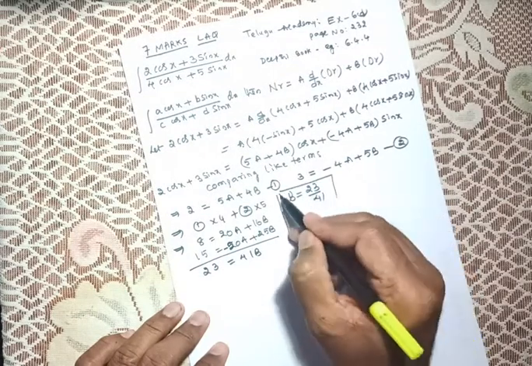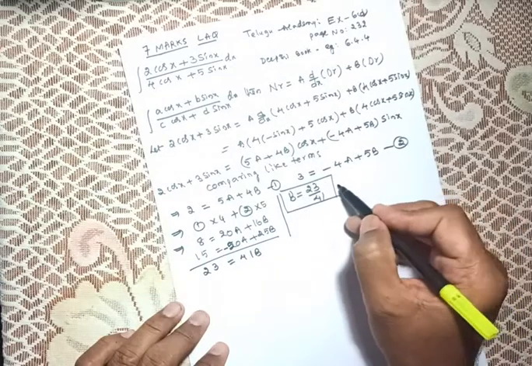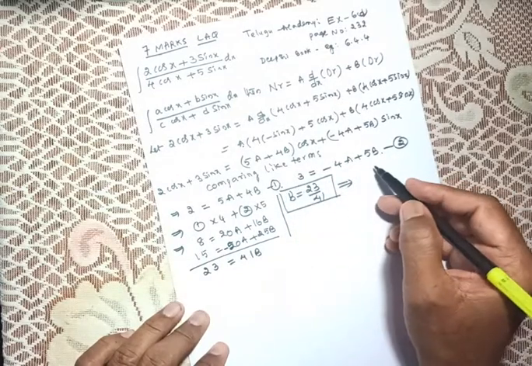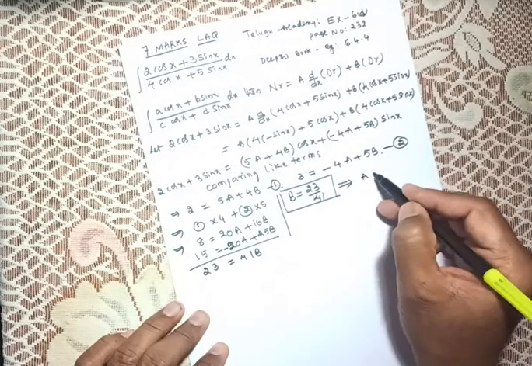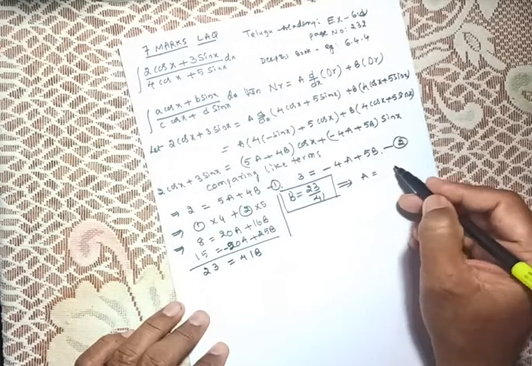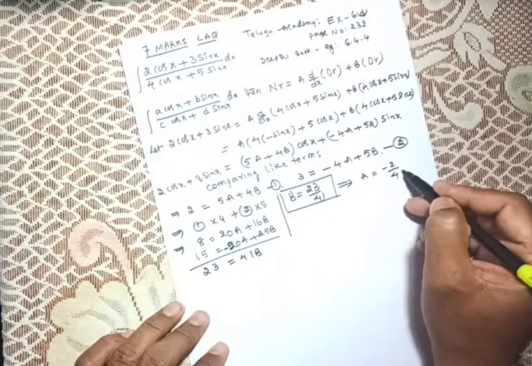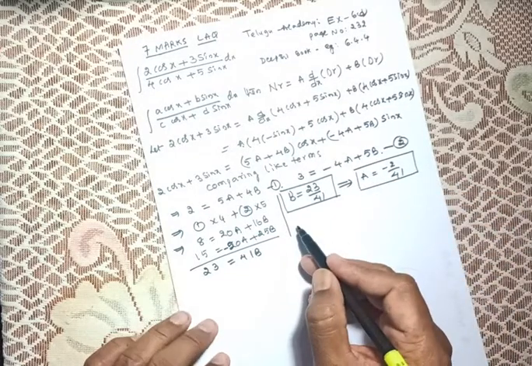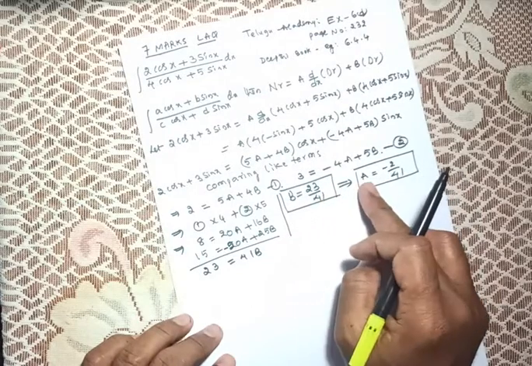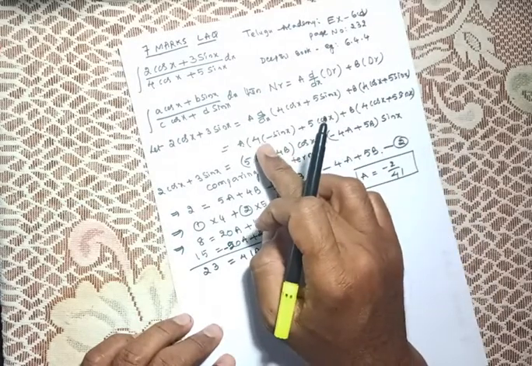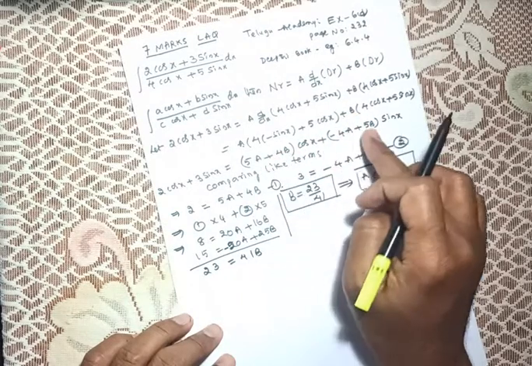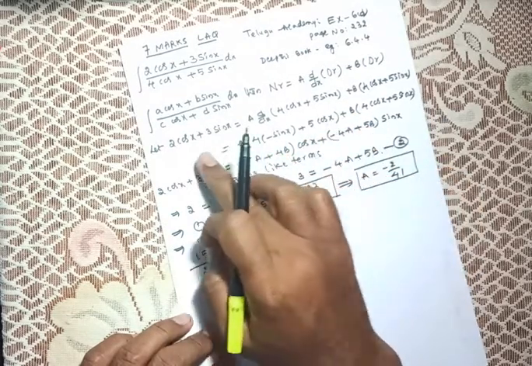If you substitute the b value in either equation 1 or equation 2, the a value we get is minus 2/41. Substitute these two values in this equation, and the left hand side will give the same answer.